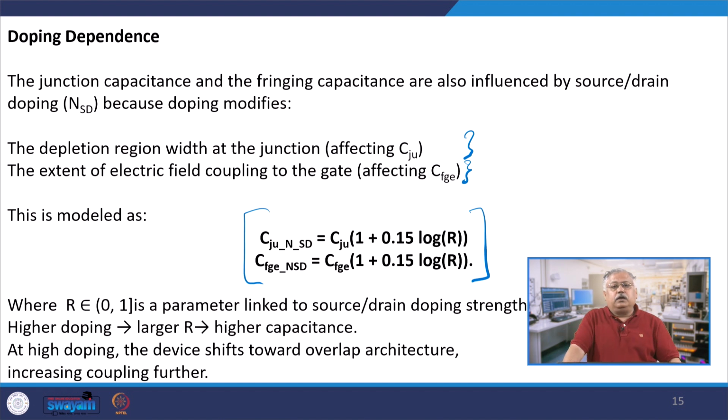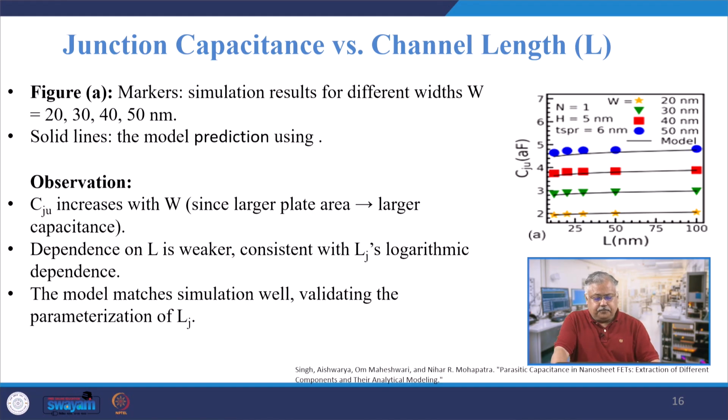Because when you make the doping concentration high, the R value increases, which implies that your CJU will increase. You can understand from the other concept also that it is basically epsilon into A by T. So your T reduces, and therefore your capacitance goes on increasing to a larger extent. That increases the coupling much further than what is expected, and that's the reason it is a doping dependent quantity.